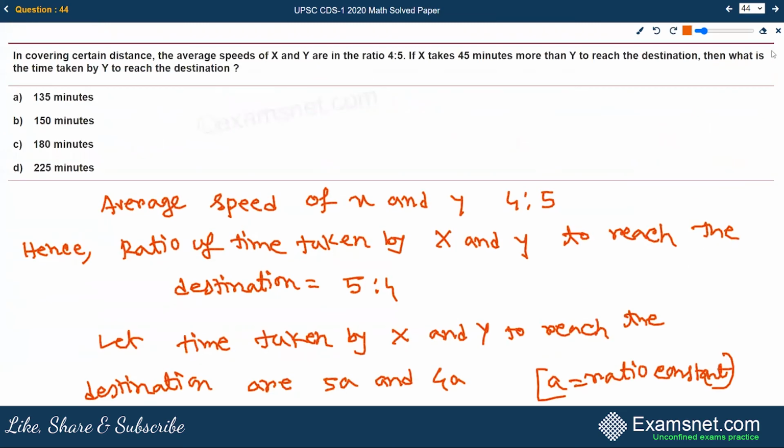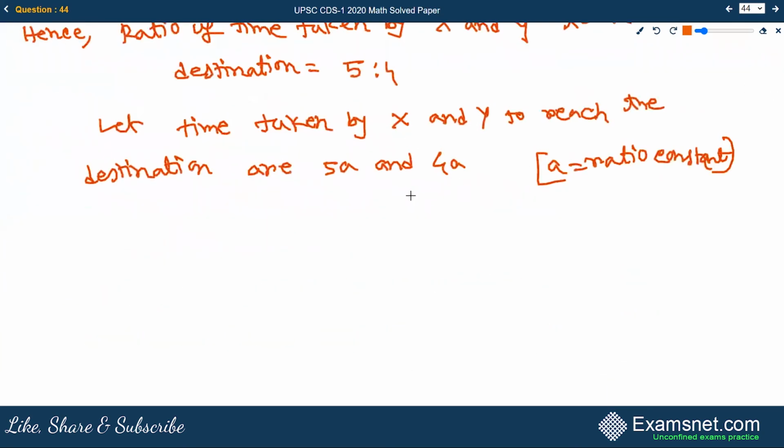Now we are given that x takes 45 minutes more than y to reach the destination. So that means 5a minus 4a, the difference between these two times, is 45 minutes. So according to the problem, we can write 5a minus 4a equals 45, or a equals 45.